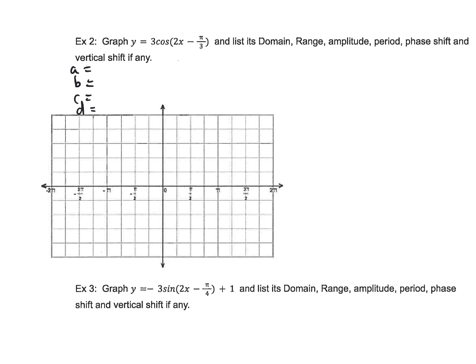Okay, so what was A? 3. What's B? 2. C? Pi over 3. D? 0.